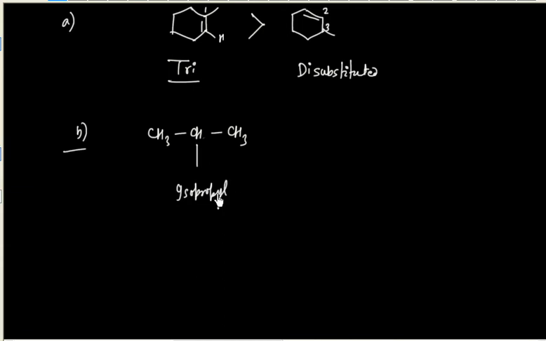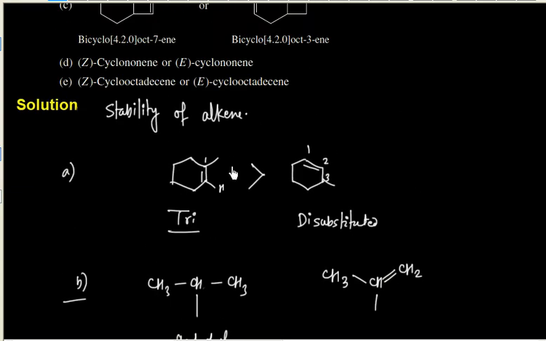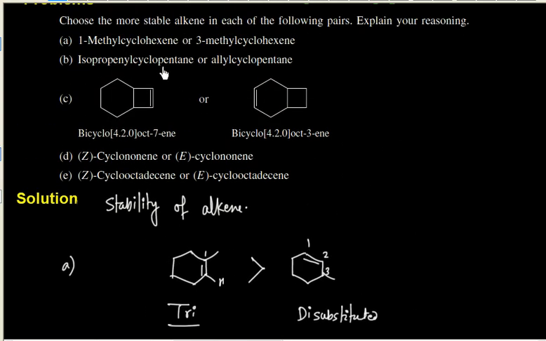Now if I make a double bond here, this becomes isopropenyl. So this becomes CH3, then CH, double bond CH2, and now this group is called isopropenyl group.